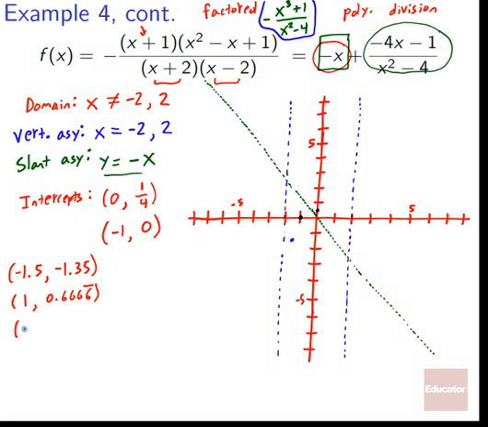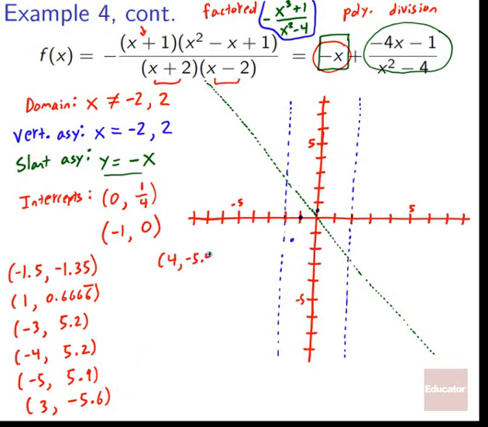At -3, we're at 5.2. At -4, we're at 5.2 also, which is interesting. At -5, we're at 5.9. At +3, we're at -5.6. At +4, we are at -5.42. At +5, we are at -6. That should be about enough for us to figure things out.